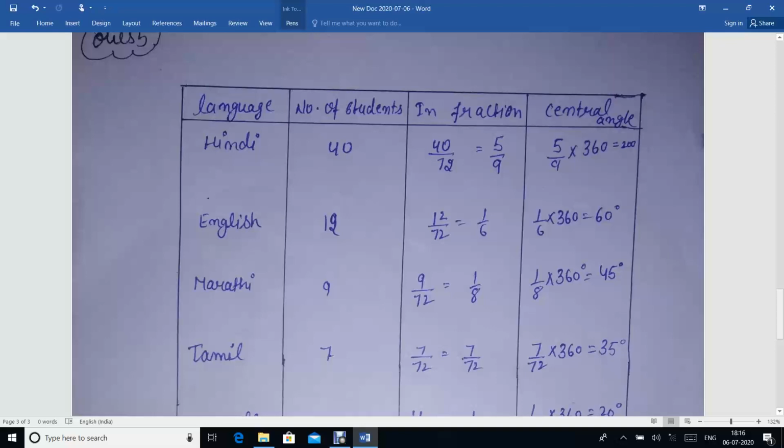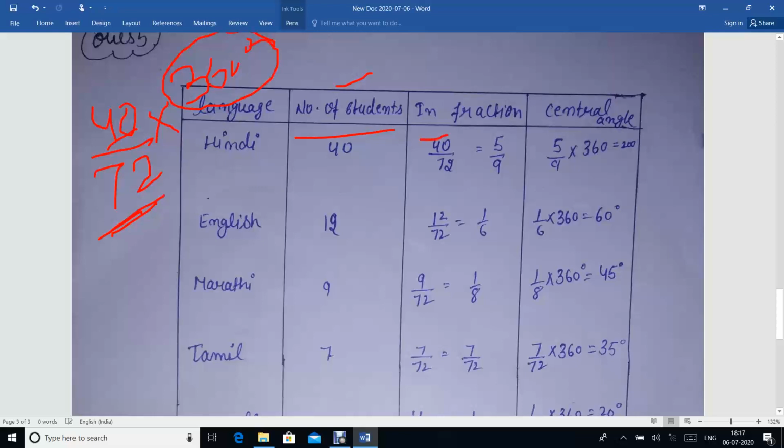As I have told you, the formula to find the central angle is number of students divided by total number of students, multiplied by 360 degrees. Firstly you put the number of students in the numerator and the total number of students in the denominator, and multiply by 360 degrees.